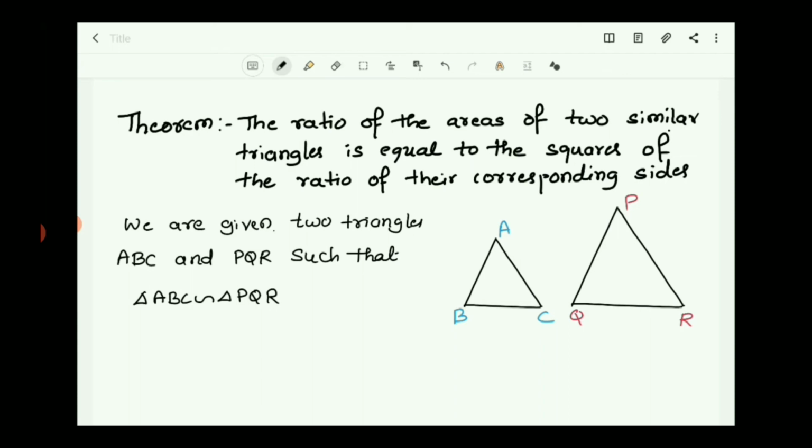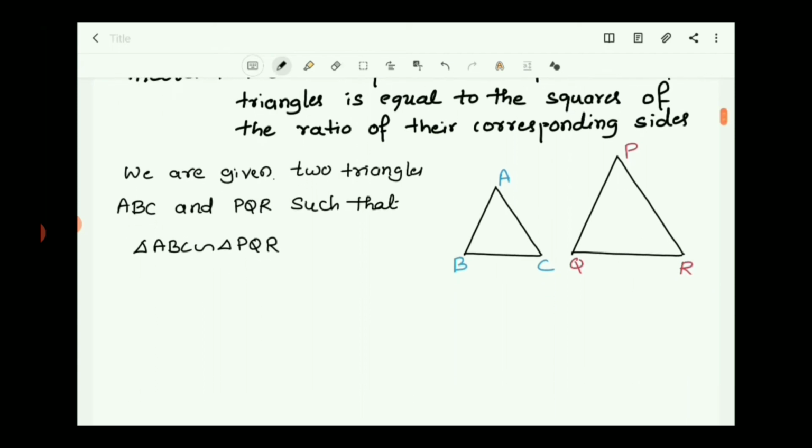That is understood here. Now what we have to prove? We need to prove that their areas are in the ratio of the squares of the corresponding sides.